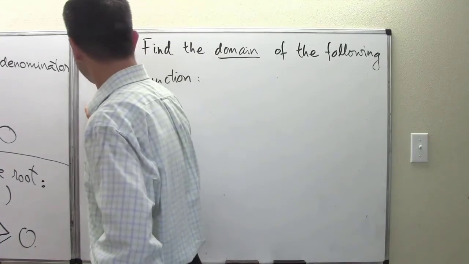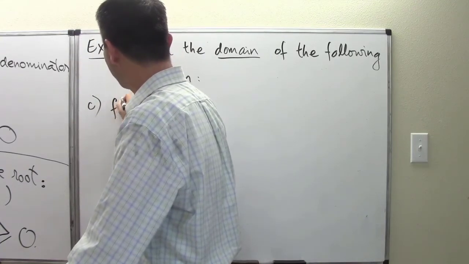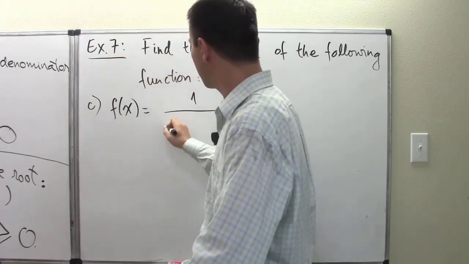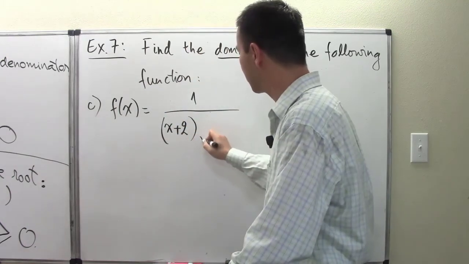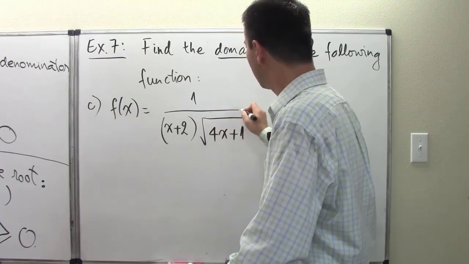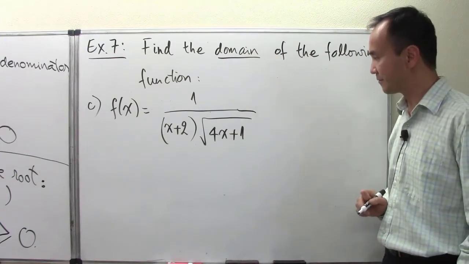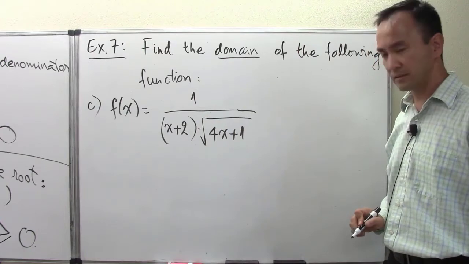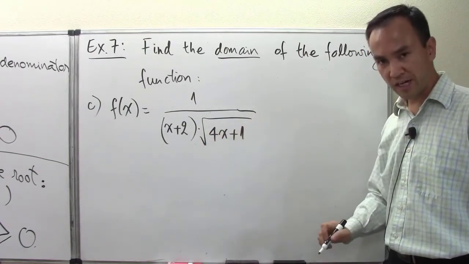Now let's look at part C. I'm defining my function to be 1 over x plus 2 times the square root of 4x plus 1. So, 1 over (x plus 2) times the square root of (4x plus 1).